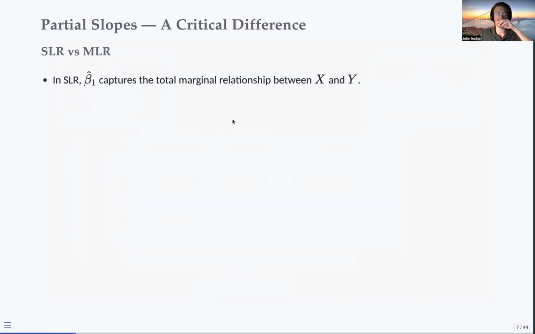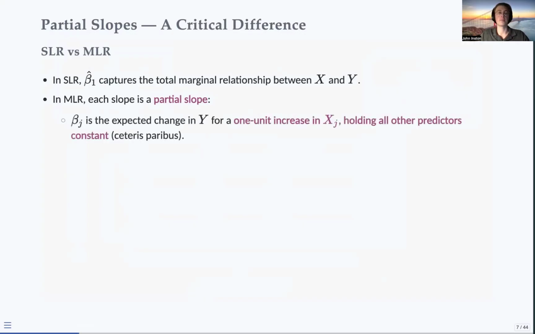So just discussing intuitively what the difference between these two models are. In simple linear regression, we obviously have the single slope parameter, and that captures this total marginal relationship between x and y. In multiple linear regression, each slope is a partial slope.